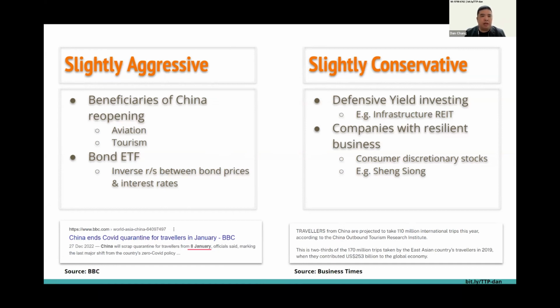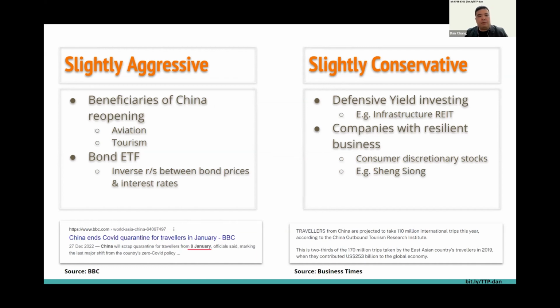But now, with rates expected to peak in 2023, if you are slightly more aggressive, you could look at bond ETF, because when interest rates start to come down, bond price will go up. Bond ETF usually tracks the movement of bond price. Of course, different bond ETFs track different things.